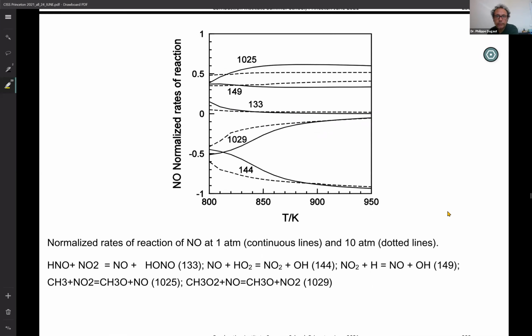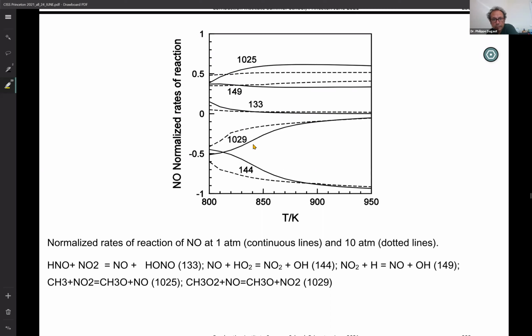We looked at the different pathways which are responsible for the consumption of NO. And so again, what we can say is that here, this reaction is extremely important. It's that of NO with HO2.